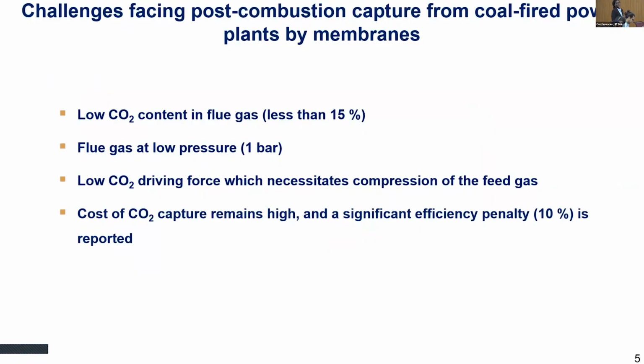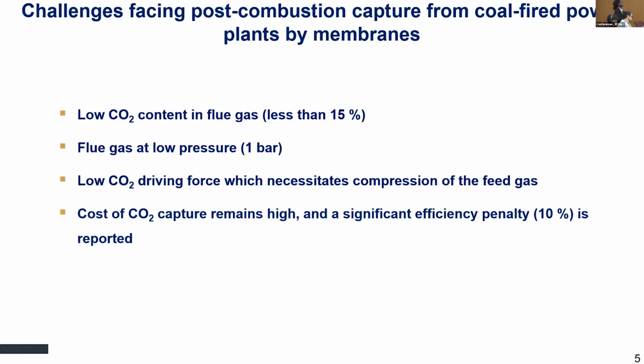However, there are challenges that are faced by CO2 separation using membranes. For instance, the CO2 content is low and the flue gas is at a low pressure. However, gas membrane separation is driven by a high CO2 partial pressure. So because the inherent CO2 partial pressure is low, you need to compress the gas, and that consumes electricity which has been produced by the power plant, and it penalizes the efficiency.